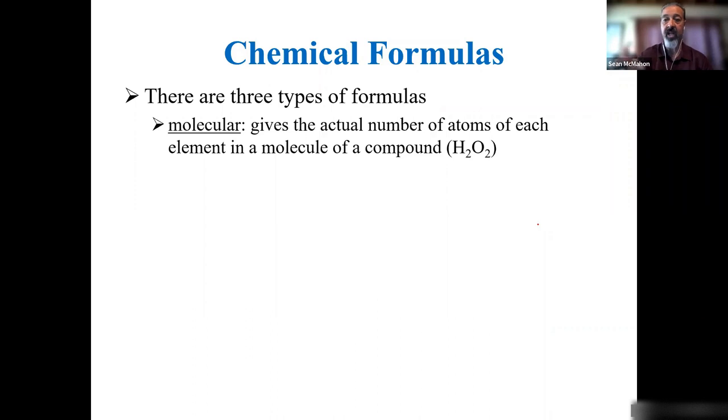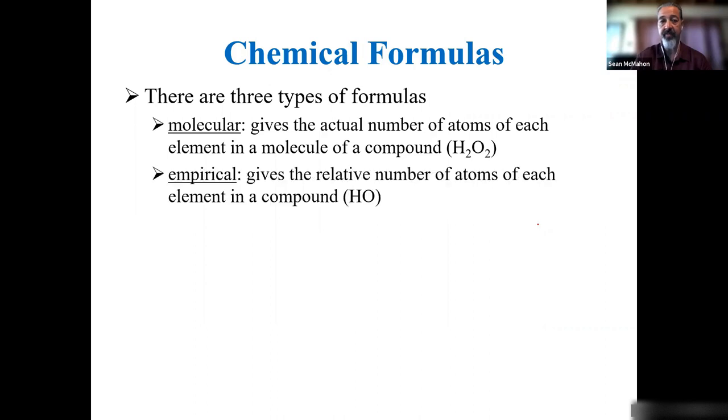The molecular formula actually tells me the number of atoms found in this compound, in this molecule. So in this example, I have hydrogen peroxide. Hydrogen peroxide's formula is H2O2. What that tells me is there's 2 hydrogen atoms and there's 2 oxygen atoms in this molecule.